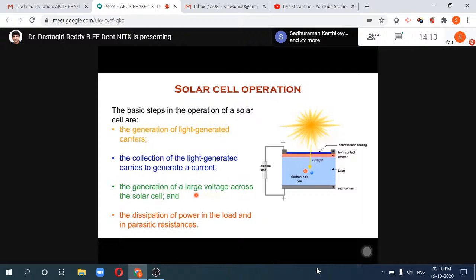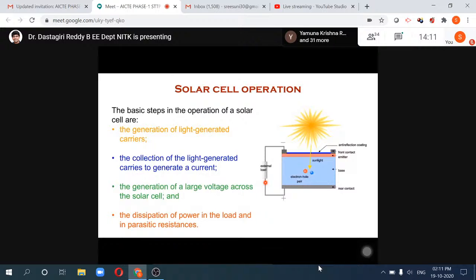Now, the third part is you connect a load, an external source, and you try to recombine the separated charge carriers again. So those are the 4 parts of the solar cell operation. Number one, you have to generate, then you have to separate, then because of separation, there will be some voltage, which is slightly different from the existing barrier voltage.